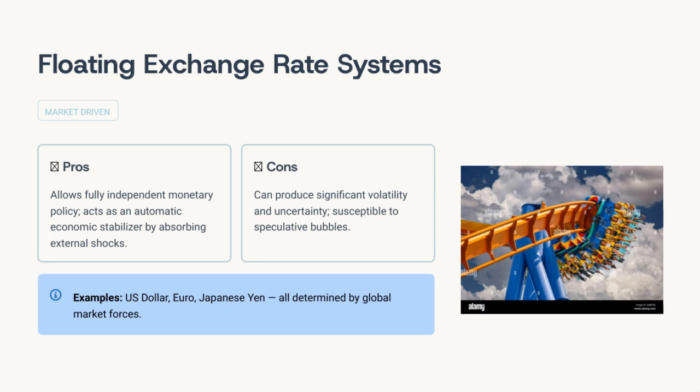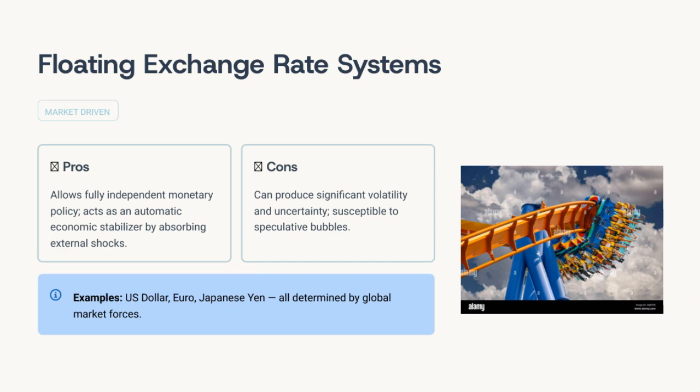Now, on the flip side, a key advantage of floating exchange rates is that they allow for fully independent monetary policy. Countries can set their interest rates or implement monetary measures without needing to maintain a fixed currency value. This flexibility acts as an automatic stabilizer for the economy by helping absorb external shocks, like sudden changes in global markets or economic crises elsewhere.